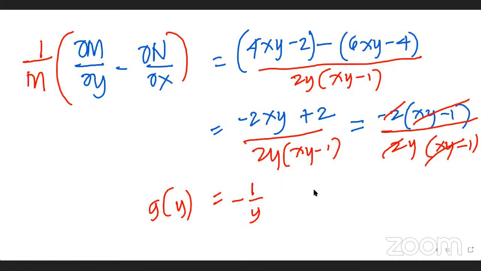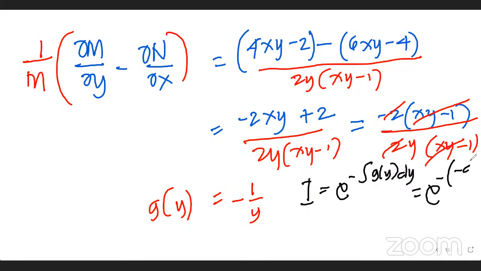Sige, the integrating factor is I equals e raised to, dahil sa function of y siya, may negative ka. E raised to negative integral of g of y times dy. Plug in lang natin. So e raised to the negative of negative, integral of negative dy over y.